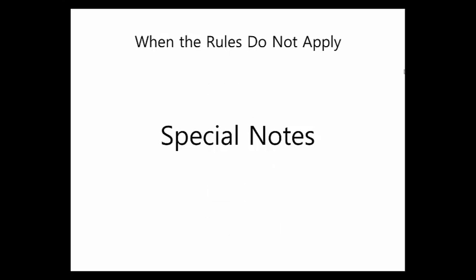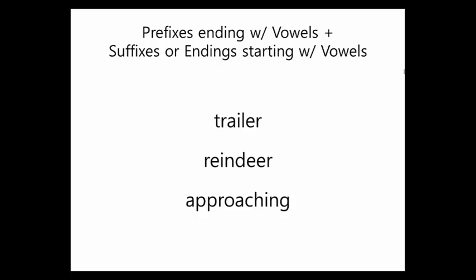To wrap up, though the rules work well for syllabicating almost all words, including those with prefixes, suffixes, and other endings, there are a couple of situations where the rules will not apply. We know that when two vowels are together in a word, and the first one is an a, an e, or an o, the two vowels together will make one sound.